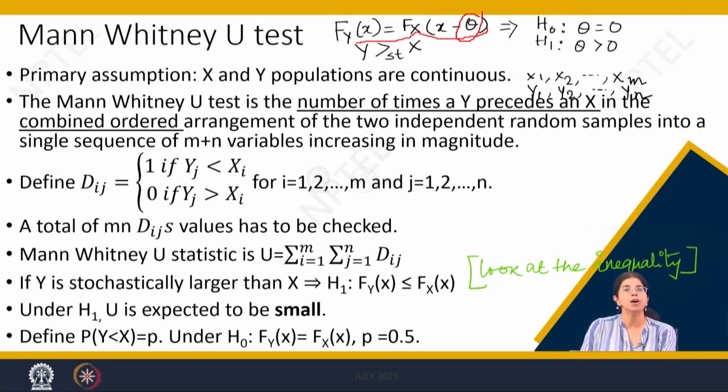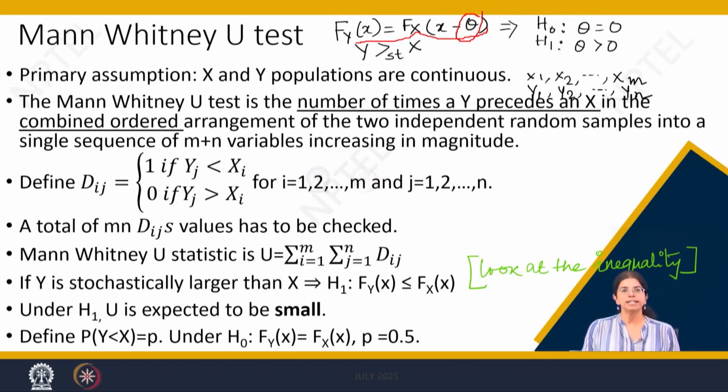Total m into n comparisons. Therefore, you will have a total of mn Dij values. The Mann Whitney statistic is defined as the sum of all Dij's. So, the double summation of Dij's, the total of Dij's, is the U statistic.